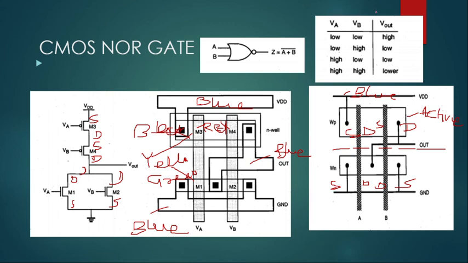See, for CMOS NAND, both NMOS are connected in series, PMOS in parallel. For CMOS NOR, NMOS are in parallel and PMOS are in series. So please practice it once by your side. If you still find it difficult to make, you can ask me. I will make another video on it and show you how to make it.